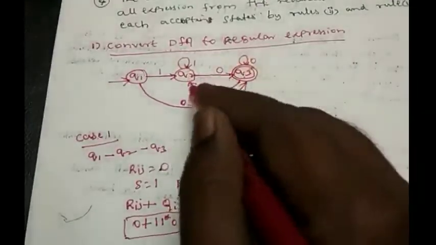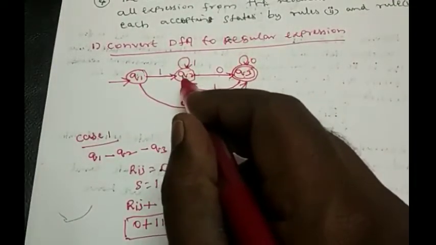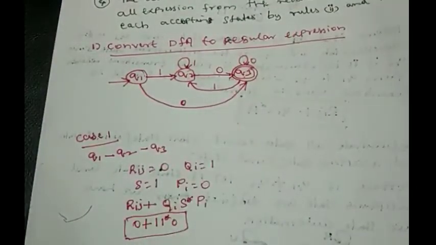And finally, from Q2 to Q1, is there any edge here? That has to be taken as Pi. Q2 to Q1, no edge is there, so again just make Pi as pi.